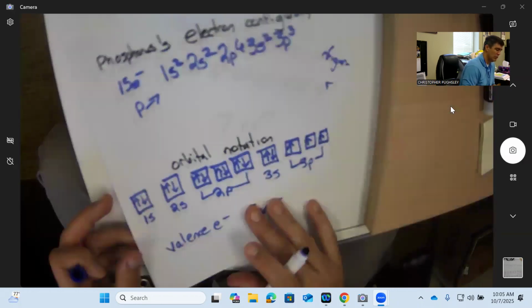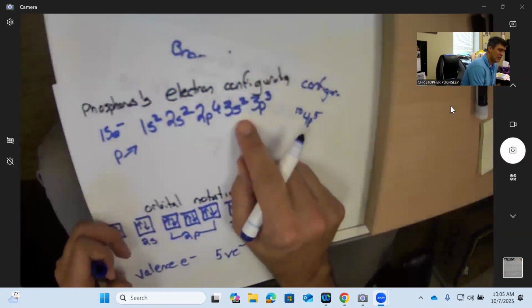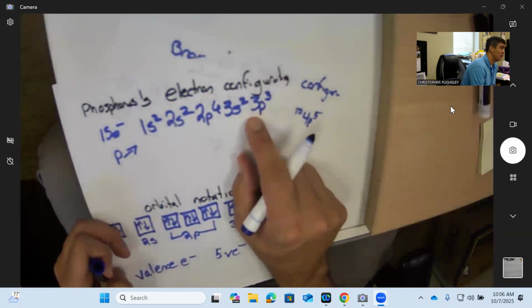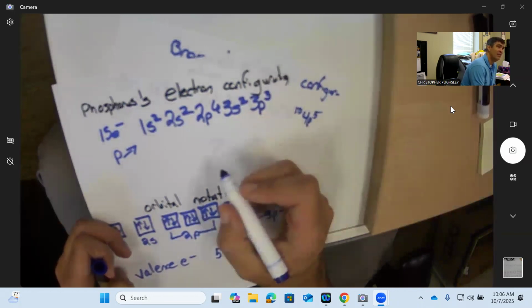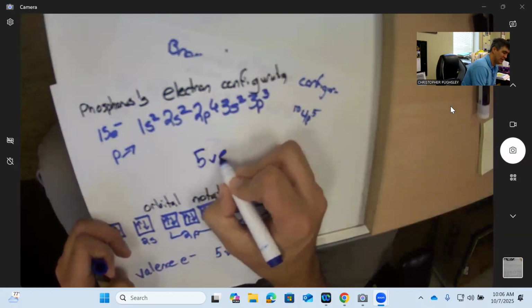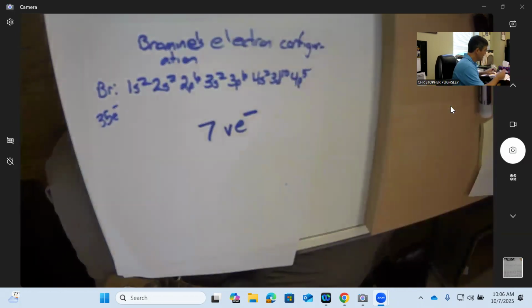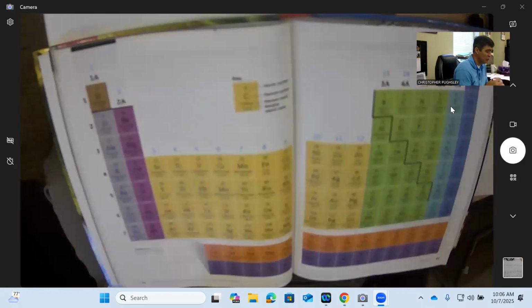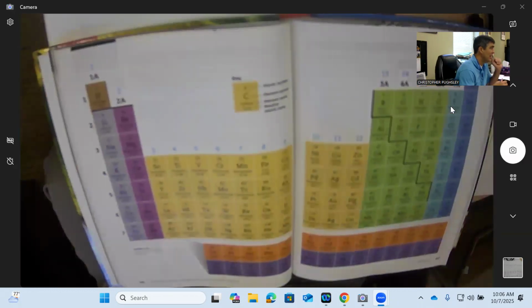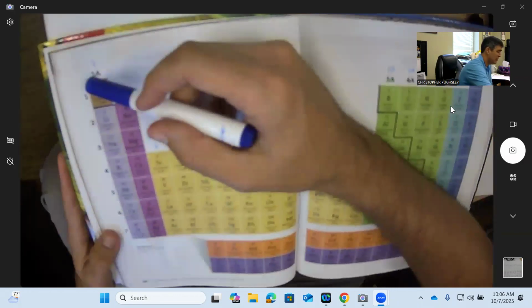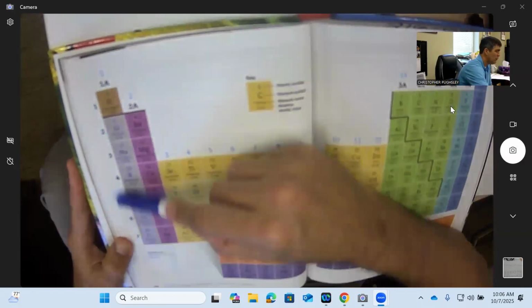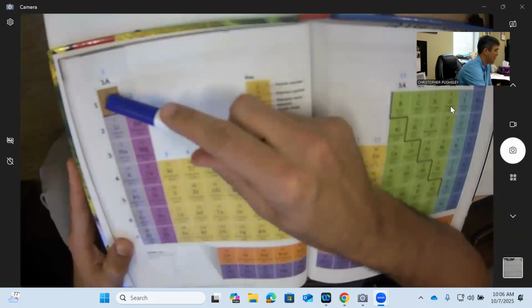On the last one, we did 2 plus 3 because that was the highest level, so phosphorus had 5 valence electrons. In fact, if we look at our periodic table, here's an easy way to memorize how many valence electrons. You will have this on your test. The valence electrons are the ones in the outermost energy level. All the elements in group 1 have 1 valence electron.